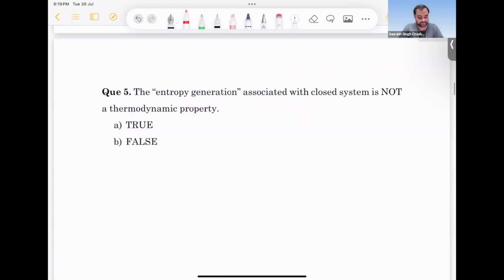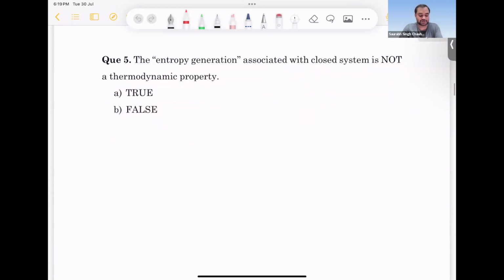Question number 5. It says the entropy generation associated with a closed system is not a thermodynamic property. Let us try to understand this question. It is saying something about entropy generation. I hope you remember what entropy generation was.